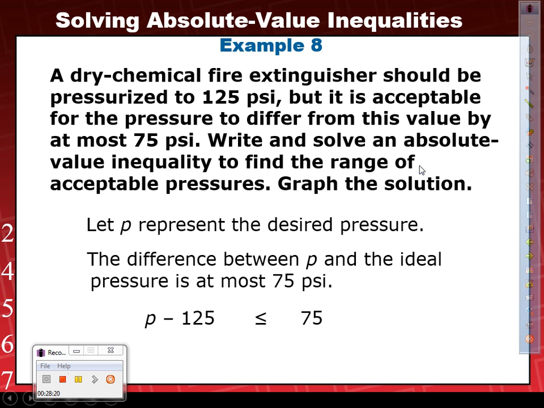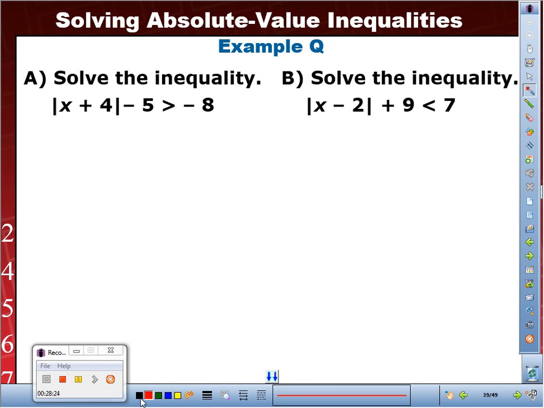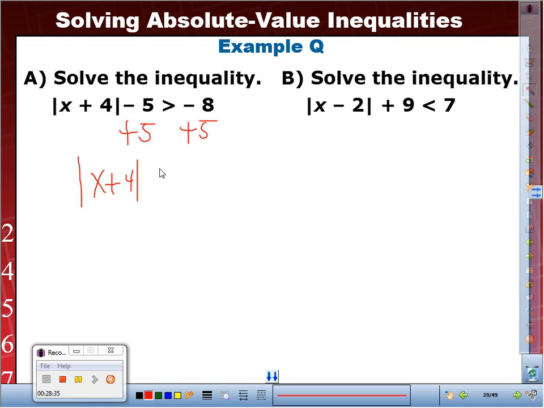Okay, look at these 2. If I was to solve this one, add 5, this becomes absolute value x plus 4, greater than negative 3. And this one, absolute value x minus 2, less than negative 2.